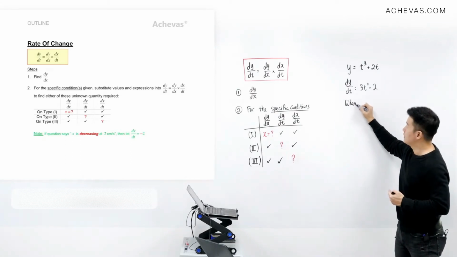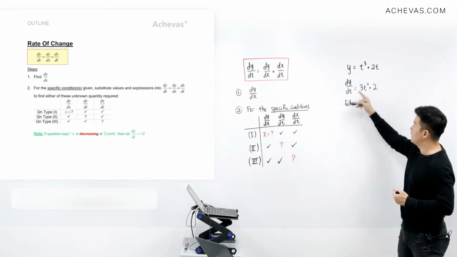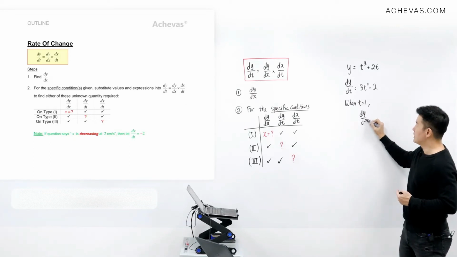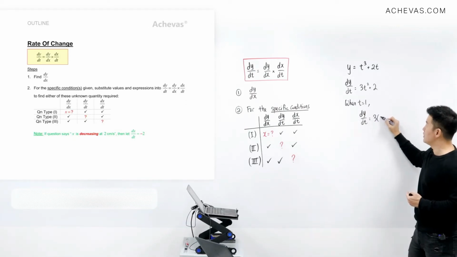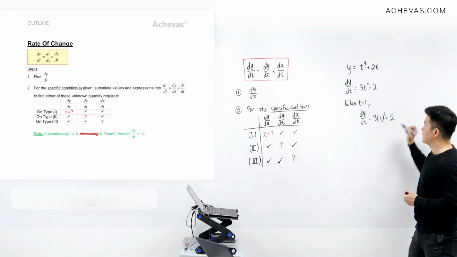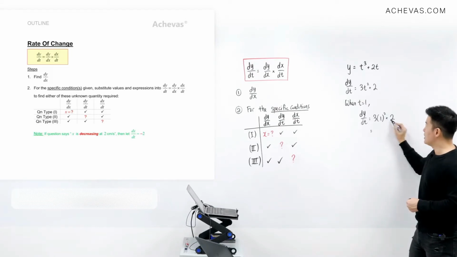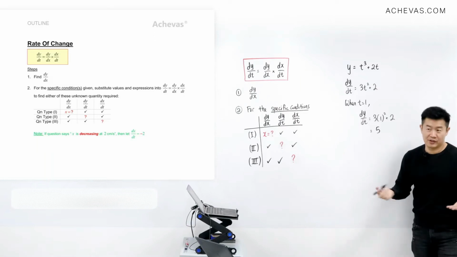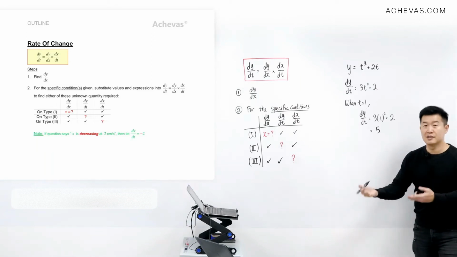In differentiation, rate of change is represented as dy/dt. dy/dt means the rate of change of y with respect to t. So dy/dt, using differentiation, is equal to 3t squared plus 2. And we are interested in the rate of change of the height of the tree after 1 year. After 1 year means t is equal to 1, so dy/dt is equal to 3 times 1 squared plus 2. So it is going to be 3 plus 2, which is 5, for example, 5 meters per year.